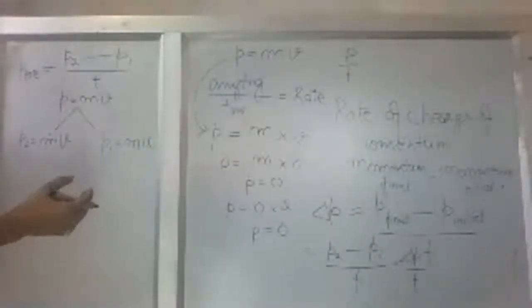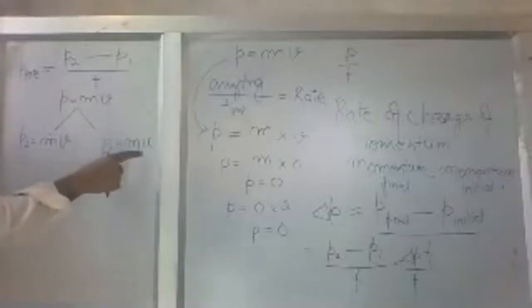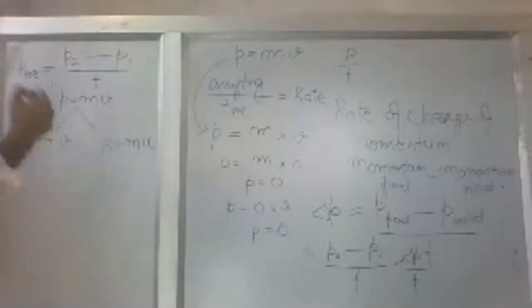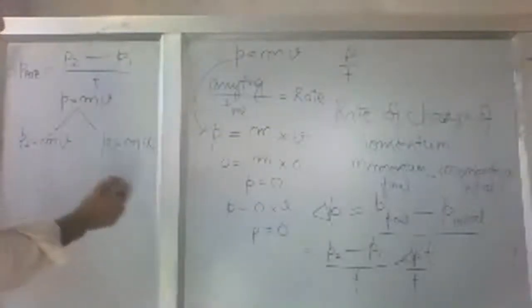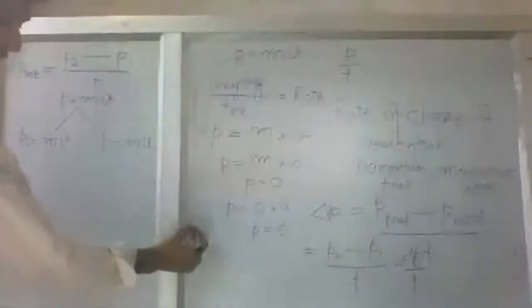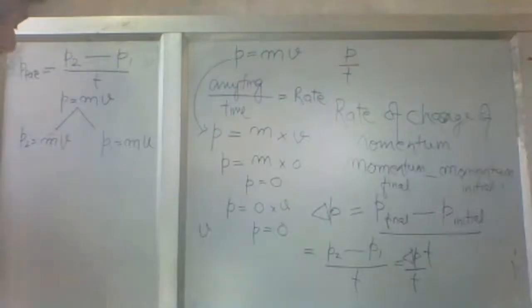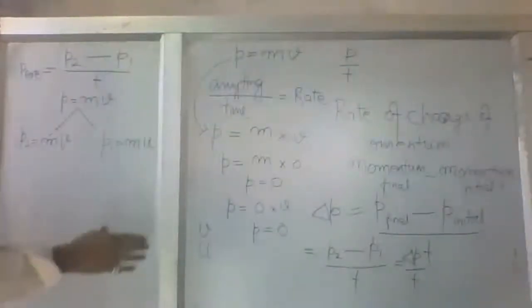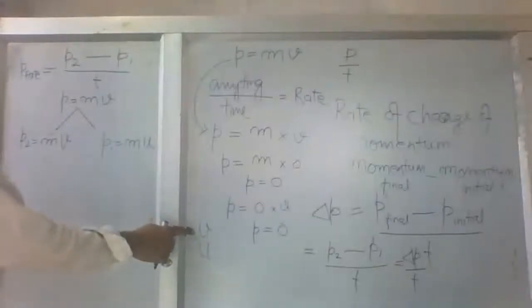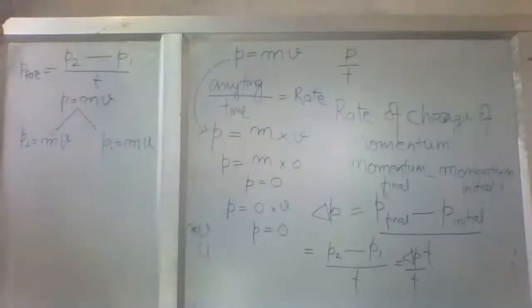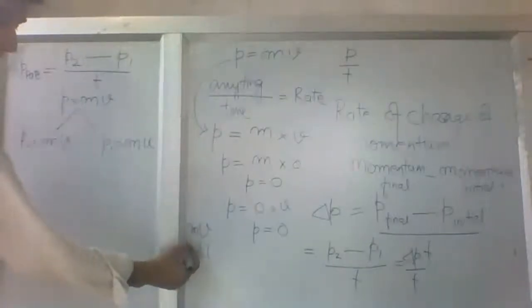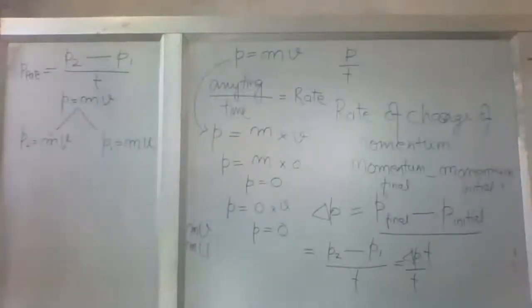I have given a small lecture on v and u, but this is the time to recapture: the final velocity of a body is represented by small v and the initial velocity by u. So for the final momentum, mass into velocity, we use small v, and for initial momentum, mass into velocity, we use small u.